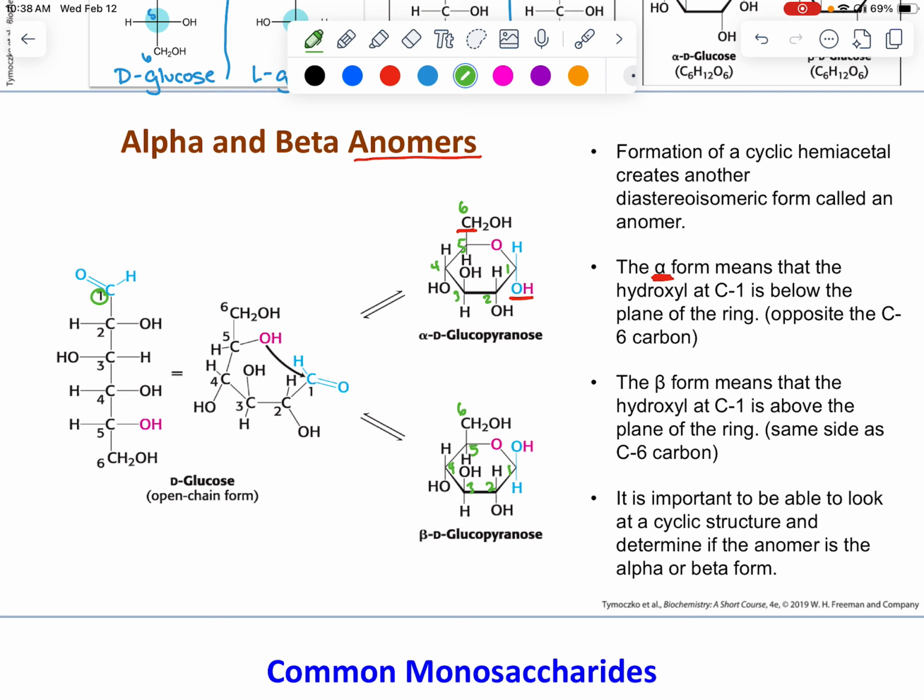So in this case, if we have the alpha, they are opposite. When you think opposite, you can think trans. So they're on opposite sides of the ring structure. The beta form, on the other hand, we see that OH and that carbon that's outside the ring are on the same side of the plane of the ring, or cis.